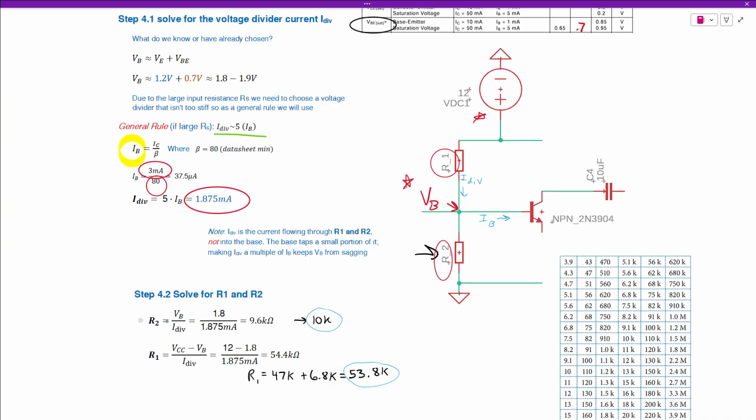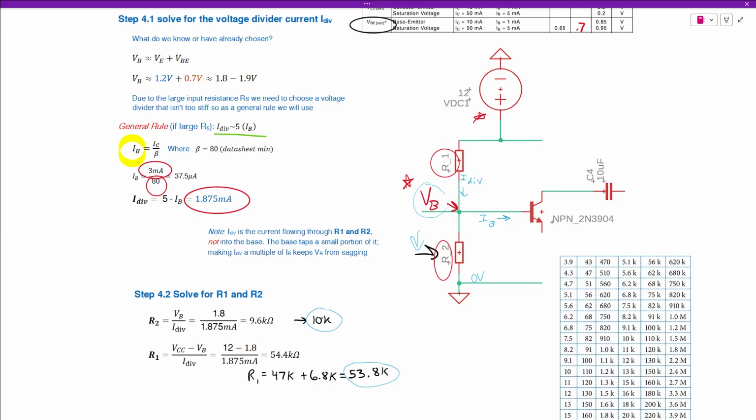So R2 is going to be the voltage at the base divided by the current going through. And we know that's a simple Ohm's law. It has to be true because this is ground, so we're at 0 volts here, VB up here. And that comes out to about 9.6 kilo ohms.